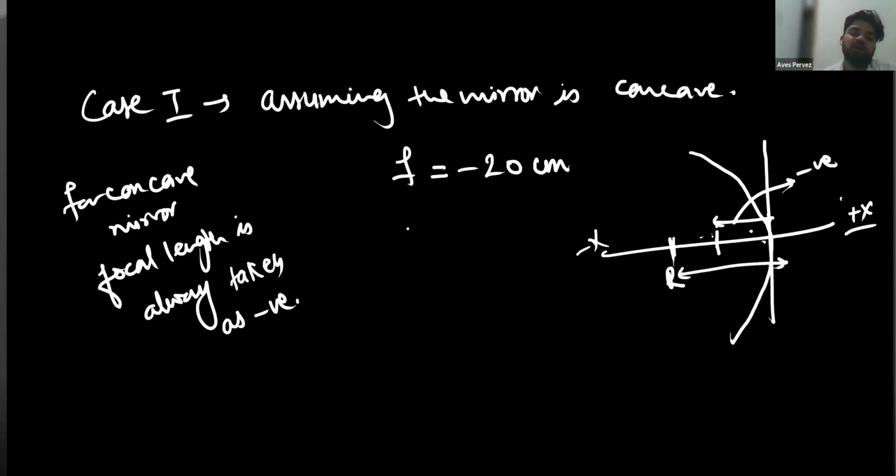Now, the next one is given that a 1/3 image is formed. So a magnification of 1/3 is given to you. Do you think that if the image is diminished, it can be real or virtual? If we are considering case one that the mirror is concave, can it be a real image or a virtual image?